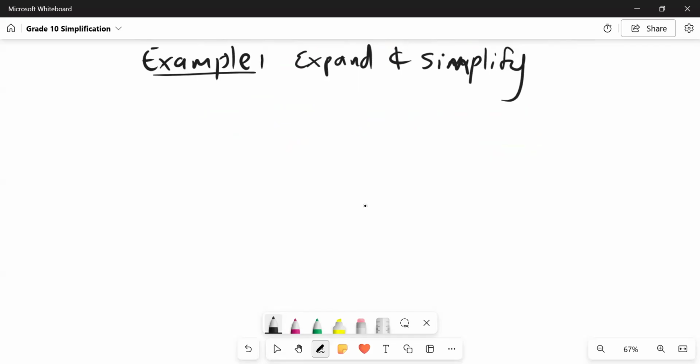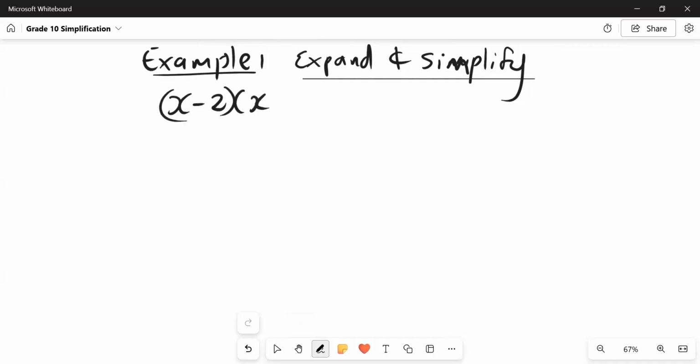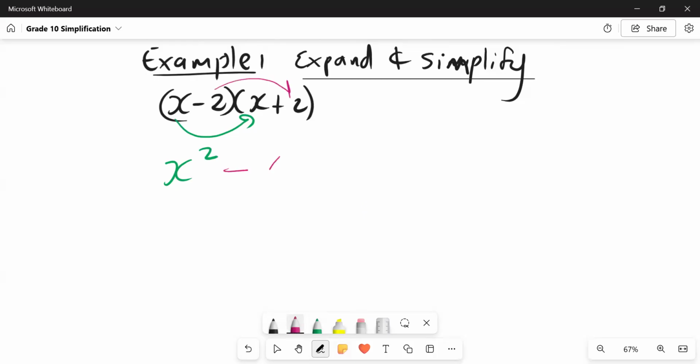So you have your x minus 2 and then your x plus 2. This is simple, guys. You first multiply the first terms, that's x squared. And then you multiply the last terms, you get your minus 4. Then this is your final answer. You're done. Simplify it, you get your full marks.